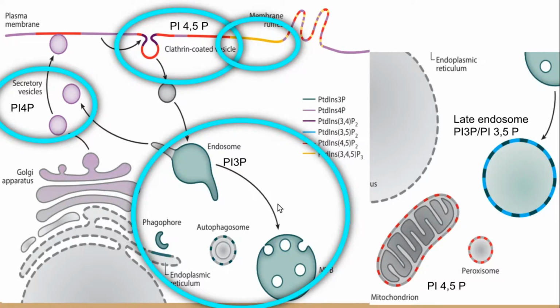So these PI3Ps on endocytic vesicles recruit proteins with FYVE domains or PX domains. PI3Ps recruit FYVE and PX domain containing proteins. One important example of this that we're going to discuss in a little bit is the protrudin and the FYCO1 proteins.